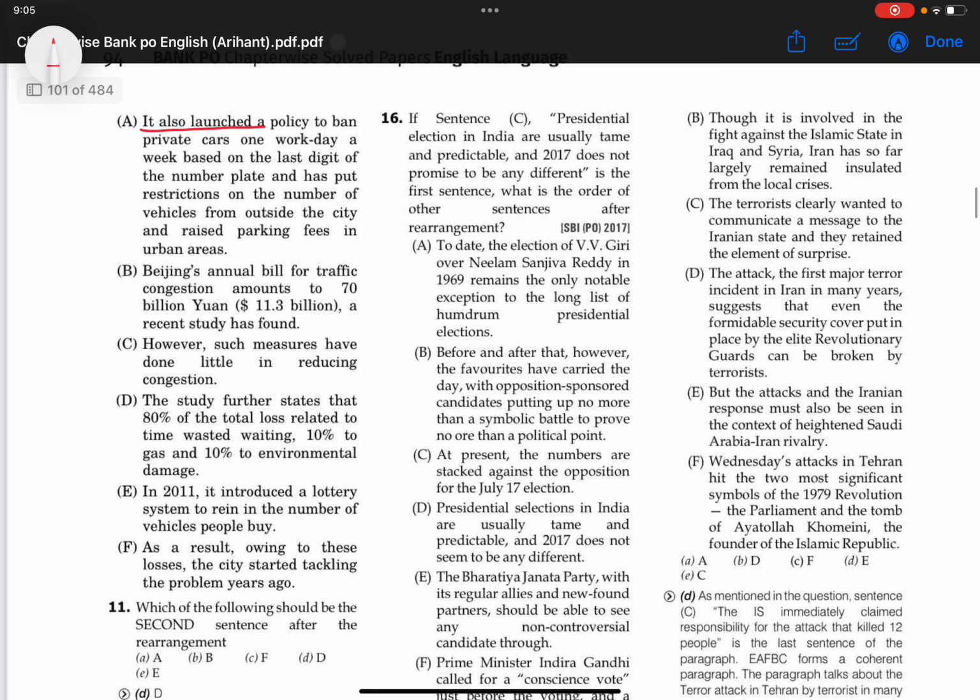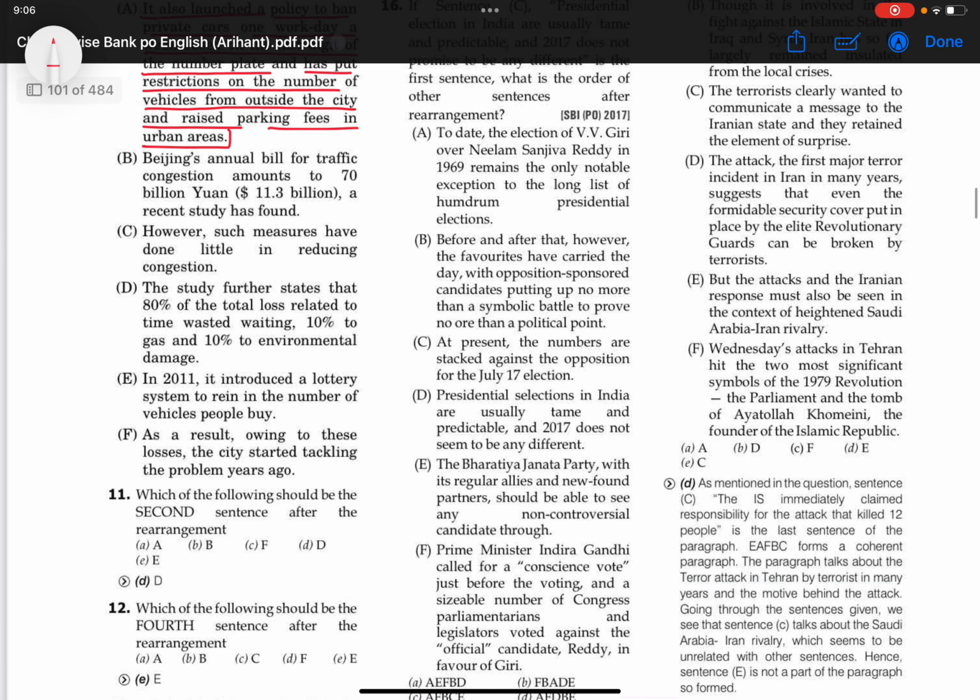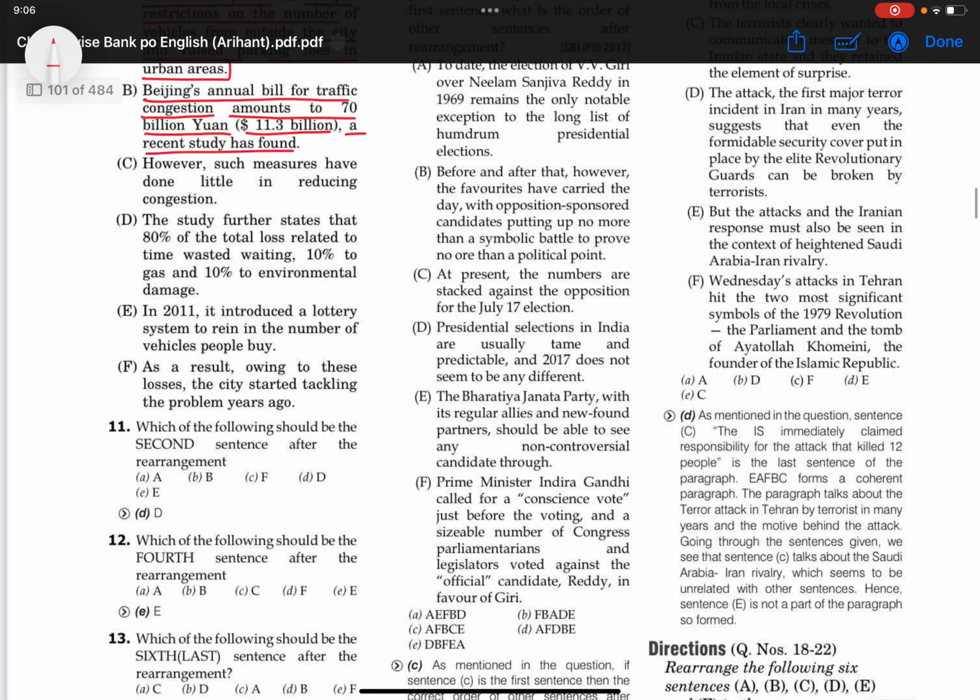It also launched a policy to ban private cars one workday a week based on the last digit of the number plate, and has put restrictions on the number of vehicles from outside the city and raised parking fees in urban areas. Beijing's annual bill for traffic congestion amounts to 70 billion yuan, 11.3 billion, a recent study has found.